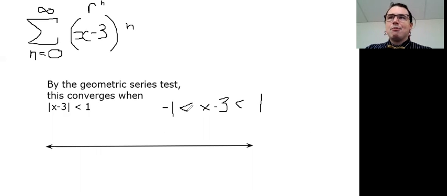Numbers that are less than negative 1 have their absolute value greater than positive 1, right? Absolute value of minus 5 is positive 5. And I don't want that to happen accidentally. Okay, well, with this inequality, I'm going to add 3 to everything that shows up. So x has to be a number between positive 2 and positive 4.